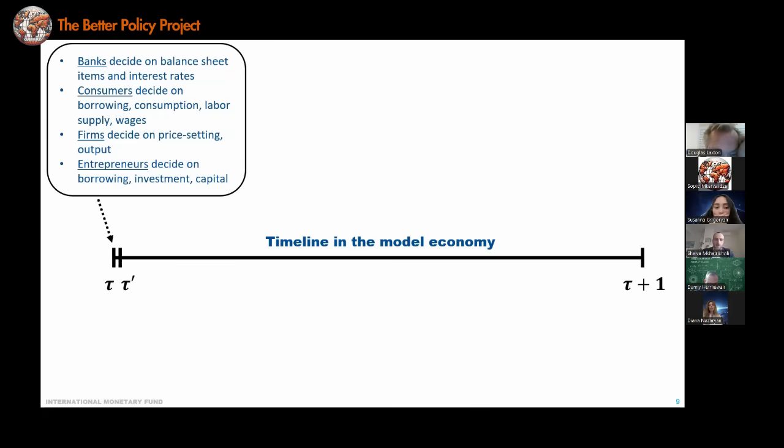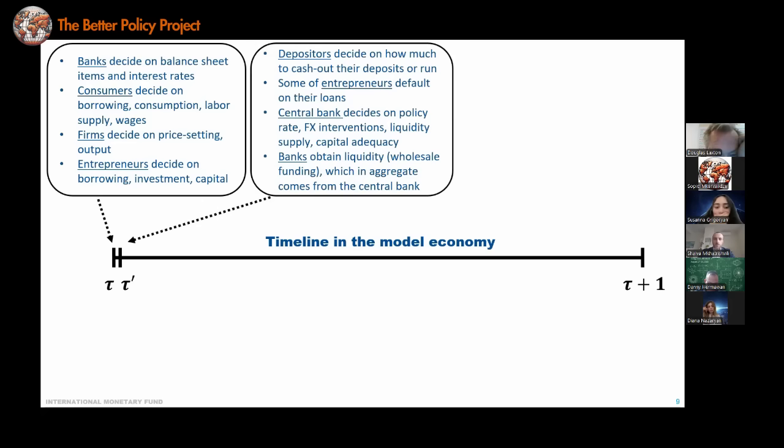But then comes the next time instant, which will be very close to the initial one, very close to the beginning of the period. And at this second time instant, in this case, it will be tau prime. The risks are materialized. Depositors decide how much money they want to withdraw from this bank, either transfer to another bank or withdraw as cash.